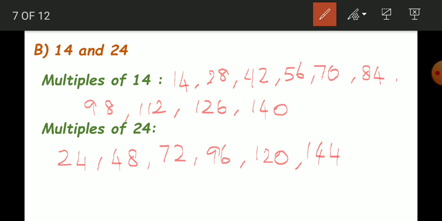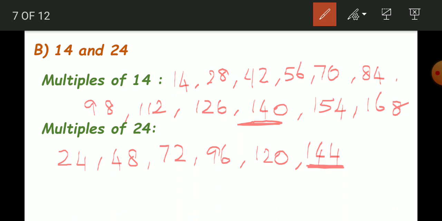Now check, children, 144 has become greater than 140 and so far we didn't get any common number. So write two more numbers in the multiples of 14. After 140 you will get 154 and then next 168. Let us stop and then check again.